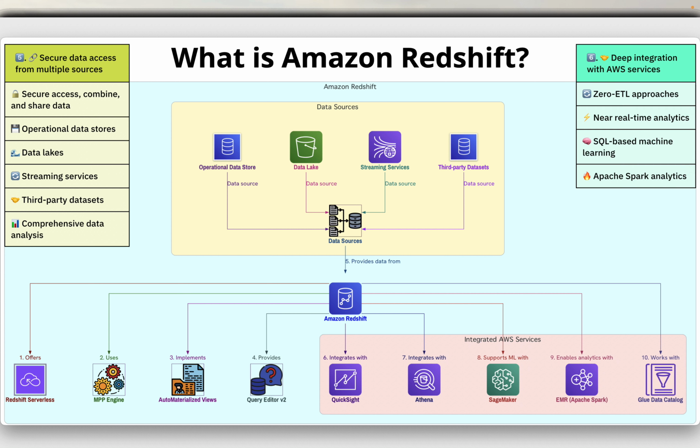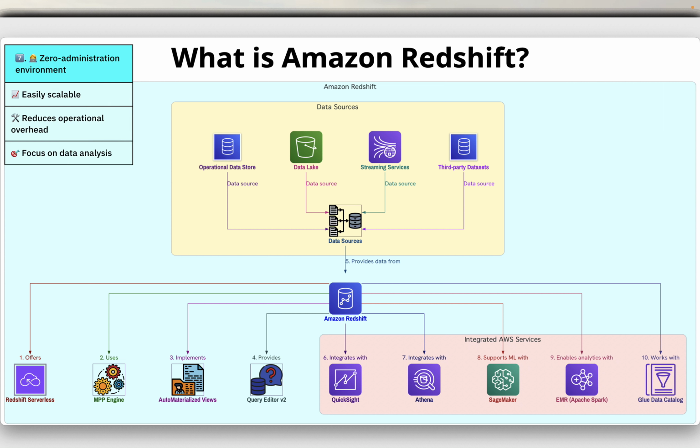The service is deeply integrated with other AWS services like AWS databases, analytics, and machine learning services. This integration enables zero-ETL approaches, near real-time analytics, SQL-based machine learning model building, and Apache Spark analytics using Redshift data, providing a comprehensive ecosystem for data processing and analysis.